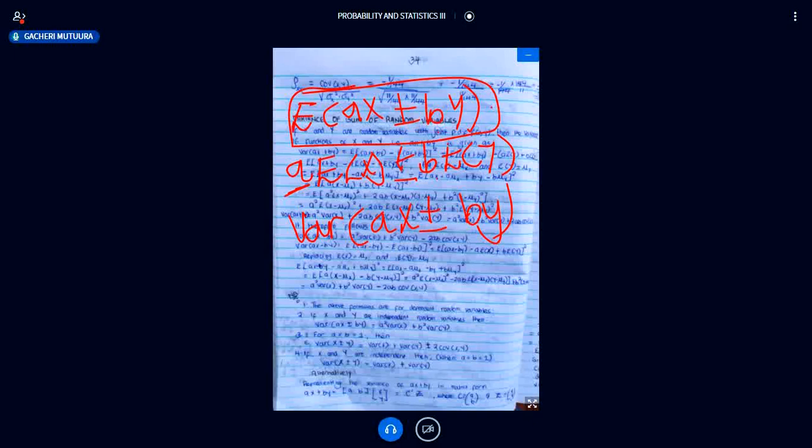But when you talk about the variance, in the properties of the variance, back in probability and statistics 1, that's where we looked at the properties of the variance. We say that the variance of a constant is 0. Why? Because you do not expect a constant to vary.